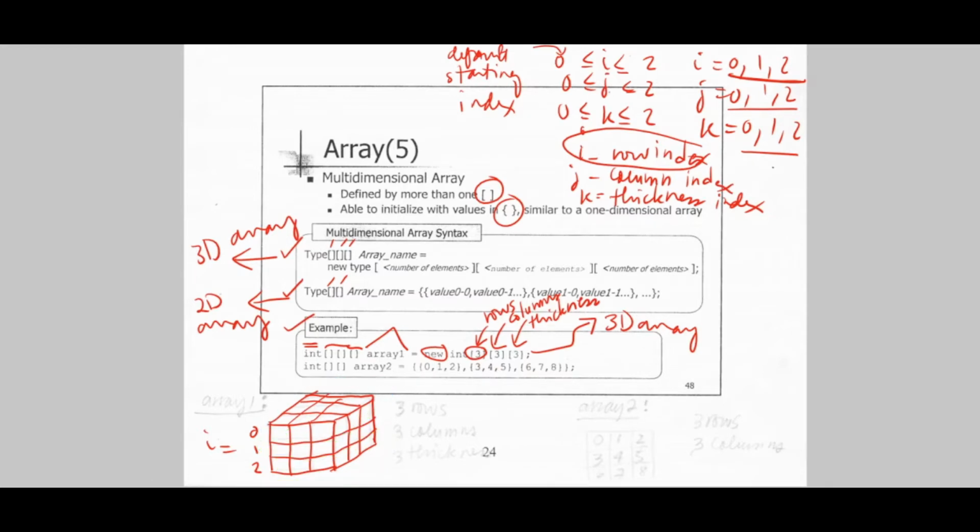For the column index, j is the column index. j is equal to 0 in here, j is equal to 1 in here, and j is equal to 2 in here. So when you cut this part here, this is the first column, or when your j is equal to 0.